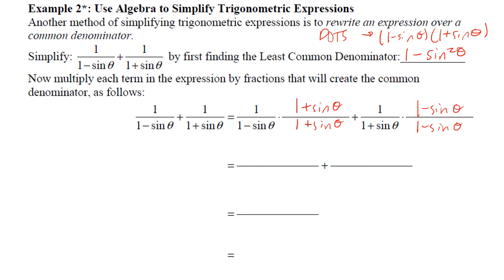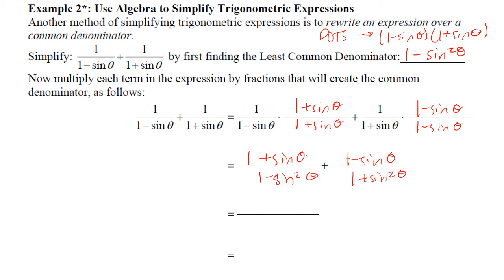And so once I multiply, I now end up with 1 times 1 plus sine theta is just 1 plus sine theta, and my denominator is now 1 minus sine squared theta, plus 1 minus sine theta over 1 minus sine squared theta.